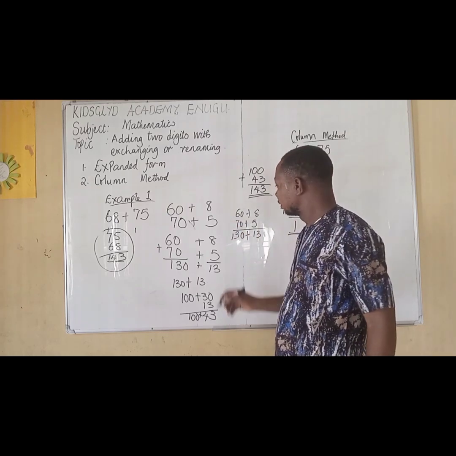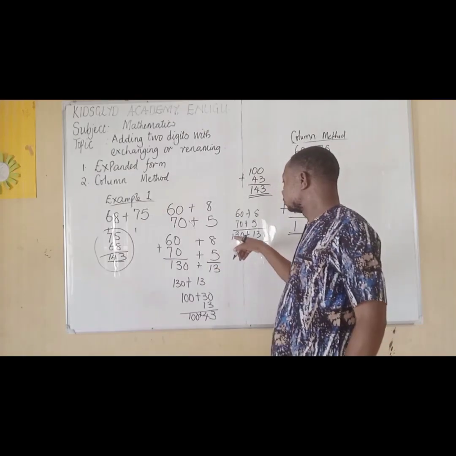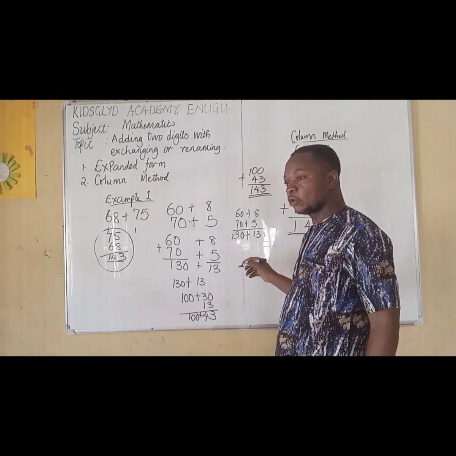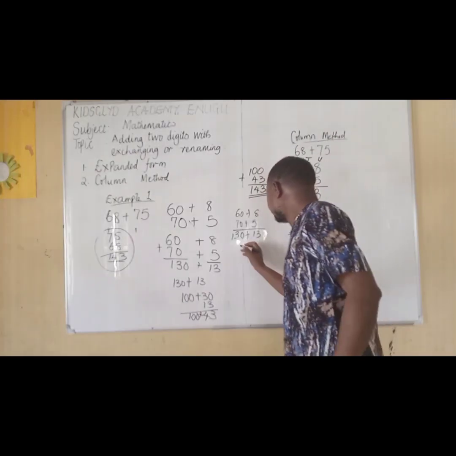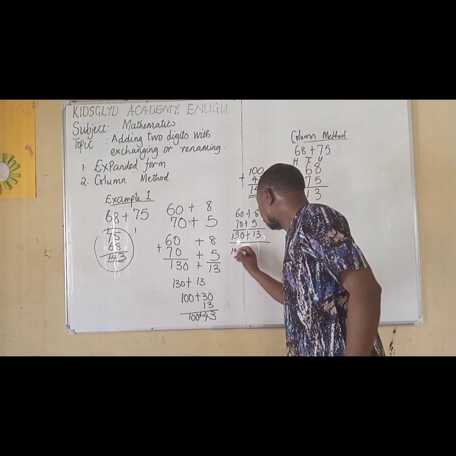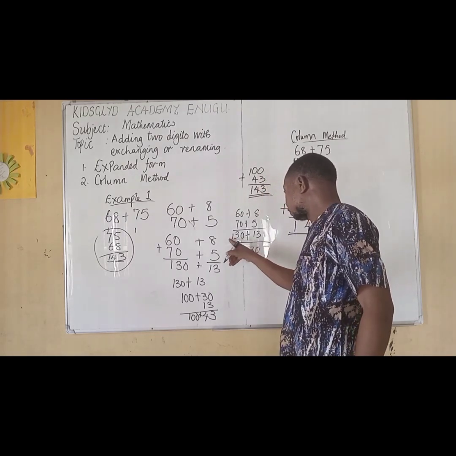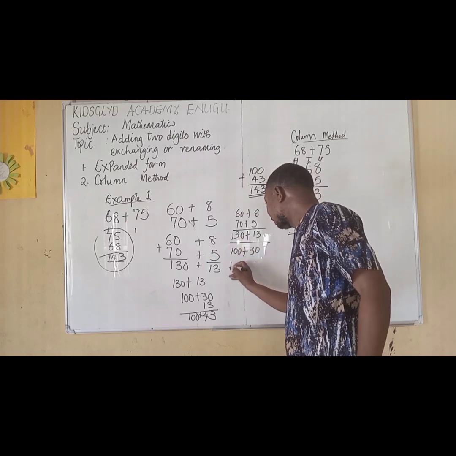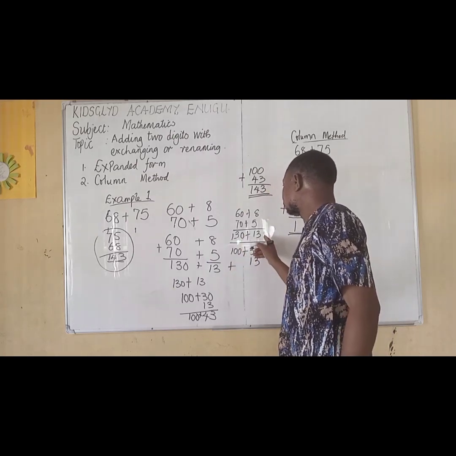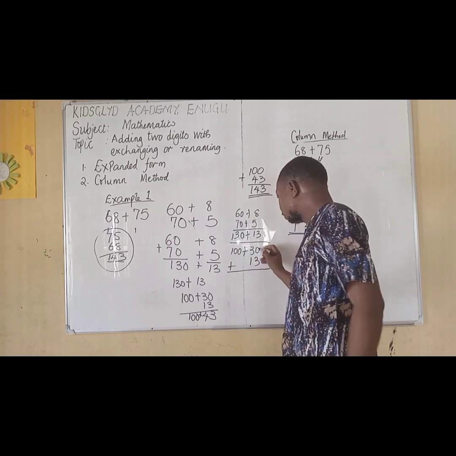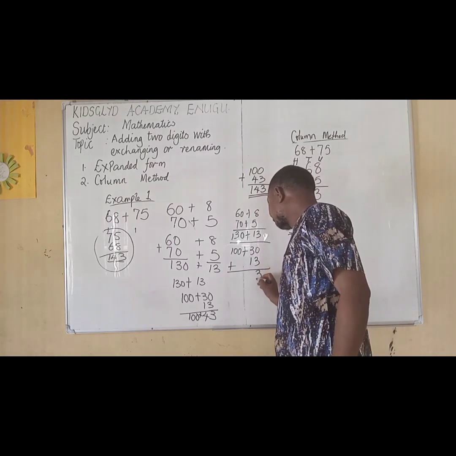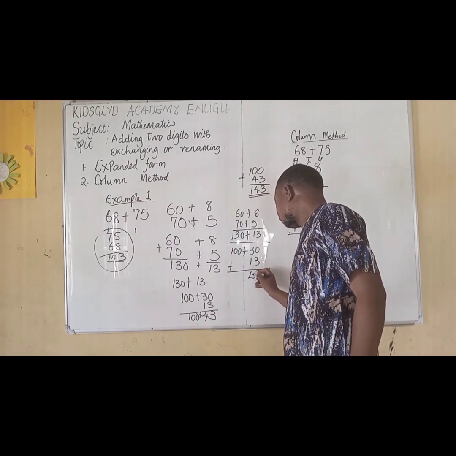We have the 130. Now, some people find it difficult to add bigger numbers to smaller numbers. So you still have to split it. That means you still come down again and say 100 plus 30. Then that will give us this 130, plus again 13, because this one is under tens and units. Then 0 plus 3 gives us 3. 3 plus 1 gives us 4.